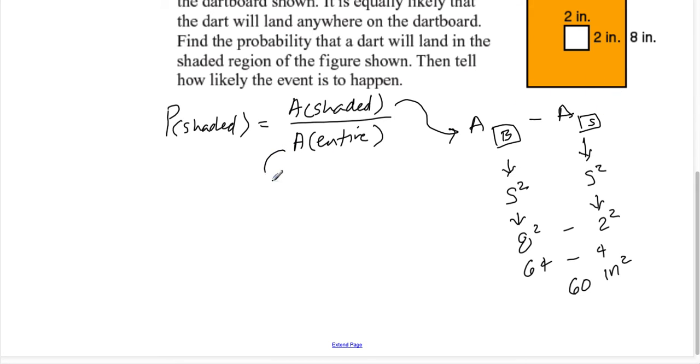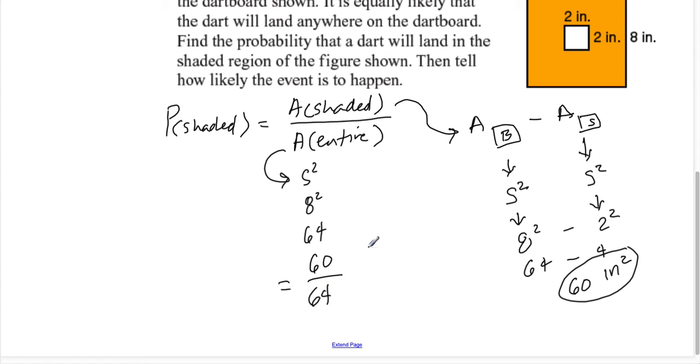The entire region is simply the square, so it is s squared, or 8 squared, which is 64. So going back to the formula, the area of our shaded region is 60 square inches, and the area of the entire region is 64 square inches.